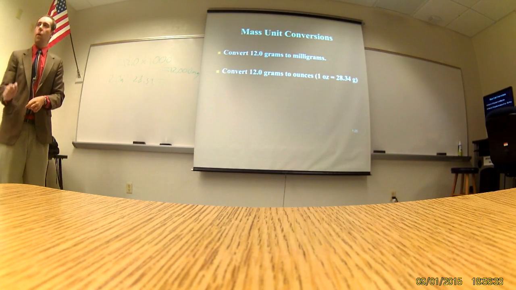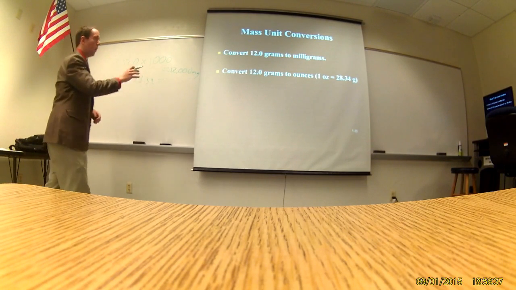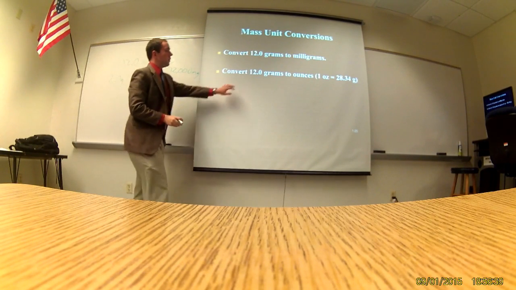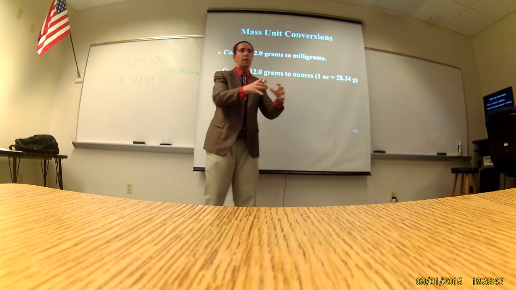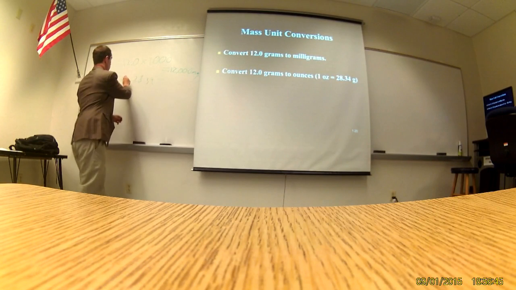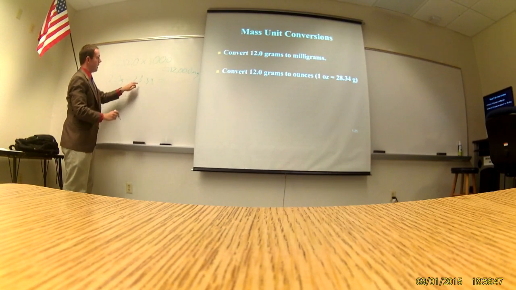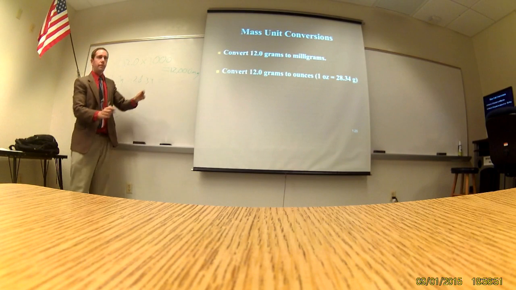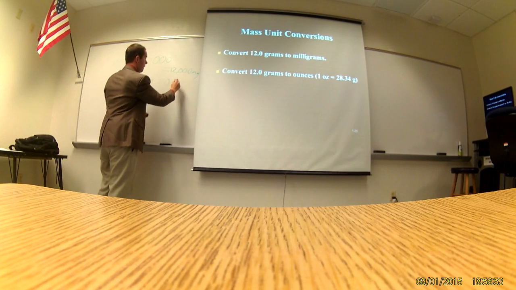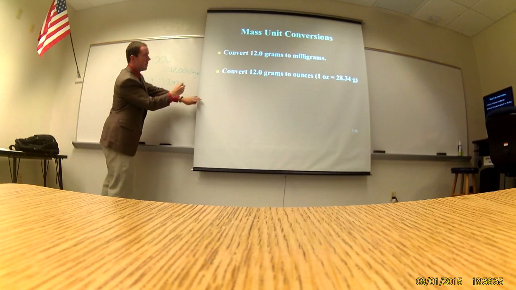Divide. Why divide? We want our number to get smaller. When we go from grams to ounces, an ounce is a bigger thing, so we need fewer of them. So we're going to divide by 28.34, and what do you get? 0.423 ounces.